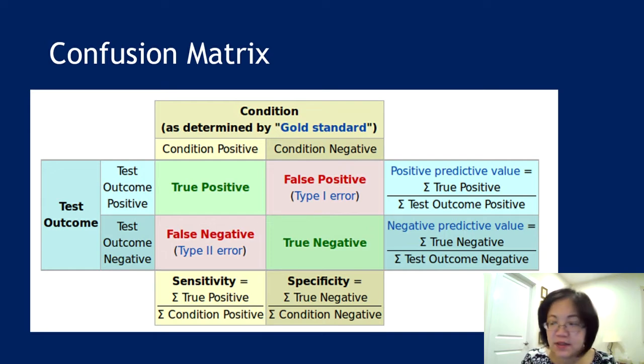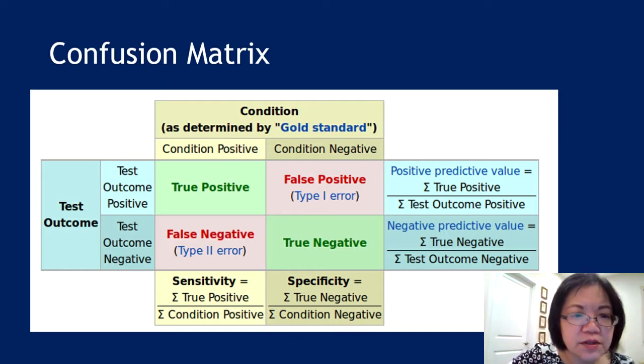So here you will see the actual y value is called the gold standard or the condition or the labels, right? So whatever you call it, the target or the truth or the actual y variables is these two columns over here.